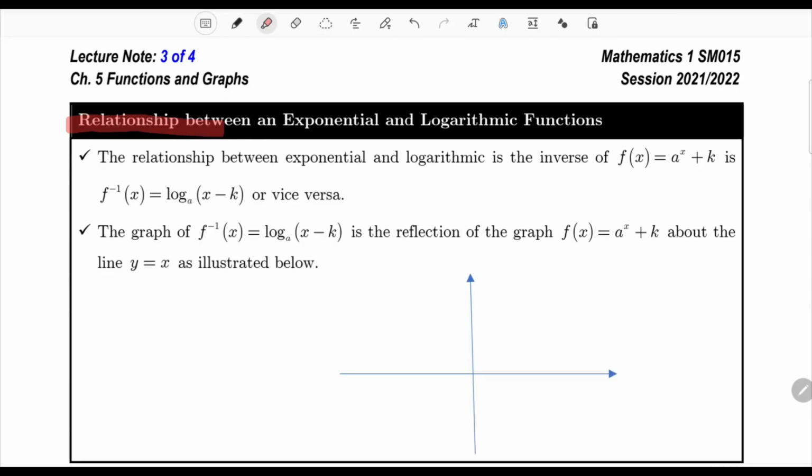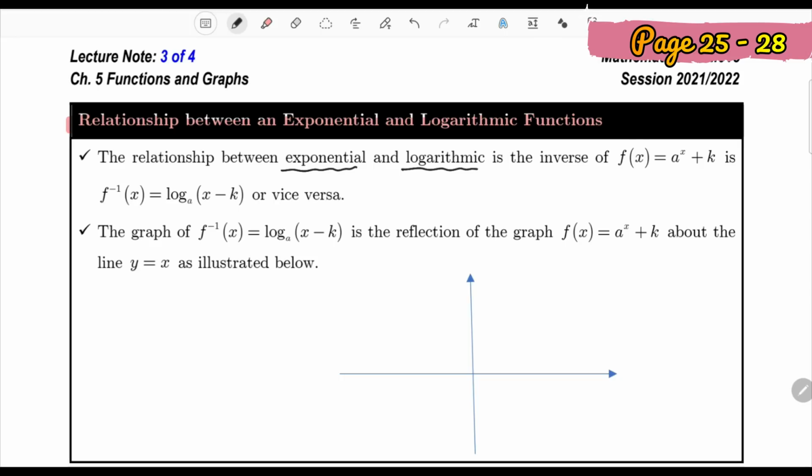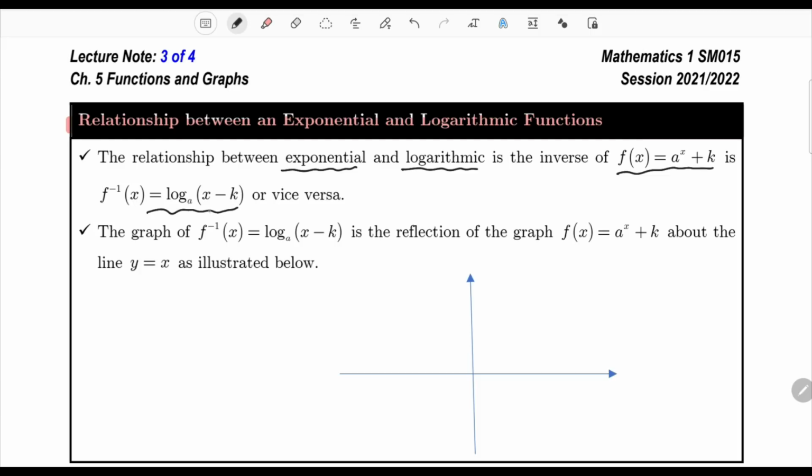Relationship between an exponential and logarithmic function. If we have an exponential and logarithmic function, what is the relationship between the two? If we have f(x) equal to a to the power of x plus k, and another function, log of (x minus k) base a, then the statement is: if f(x) is an exponential function, the f inverse will be the graph of log of (x minus k) base a.